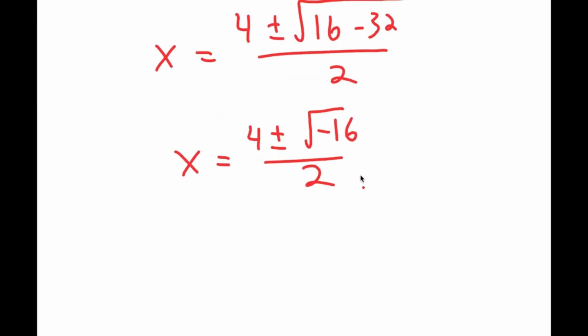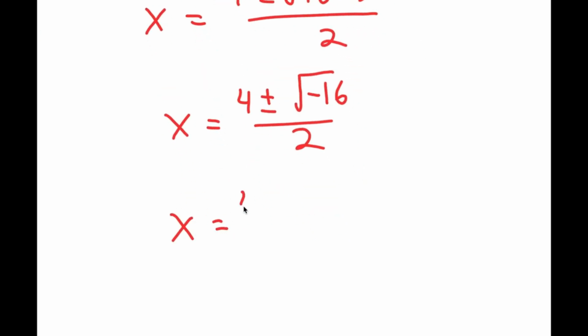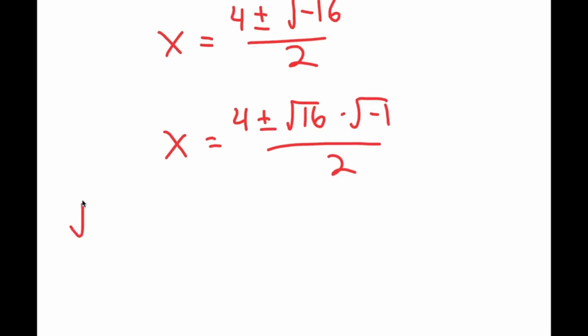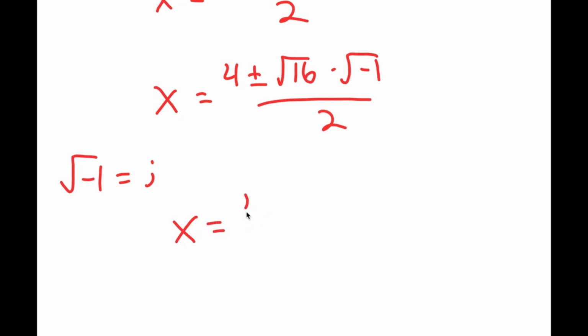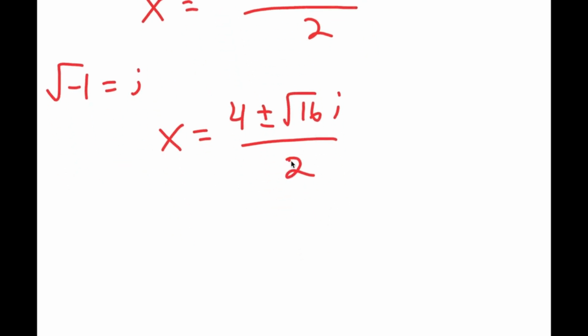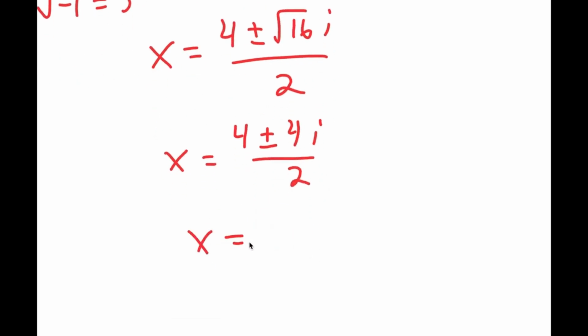So now, the square root of −16, I can rewrite as the square root of 16 times the square root of −1, and the square root of −1 is equal to i. So I get x = (4 ± √16 i) / 2, and the square root of 16 is equal to 4, so I get x = (4 ± 4i) / 2, which turns into 2 ± 2i.